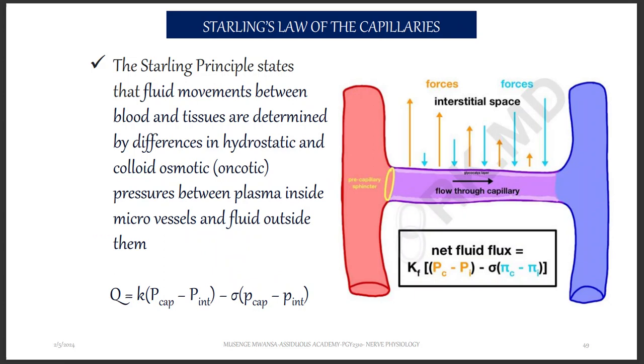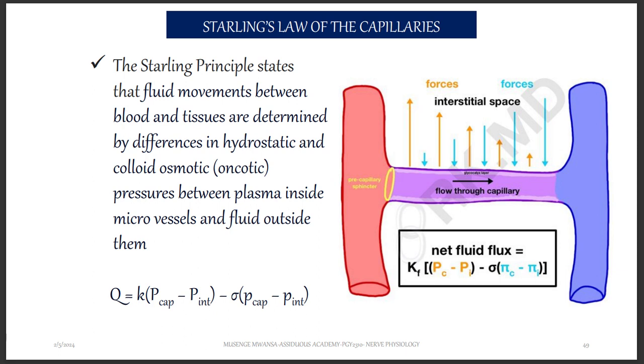Okay, let's talk about Starling's law of the capillaries. Starling's law just states that when fluid is flowing, the amount of blood that is going to go to the tissue is determined by the difference in the forces trying to push the blood out of the blood vessels minus the pressure trying to keep the blood inside the blood vessels.